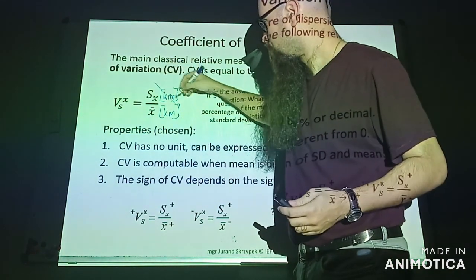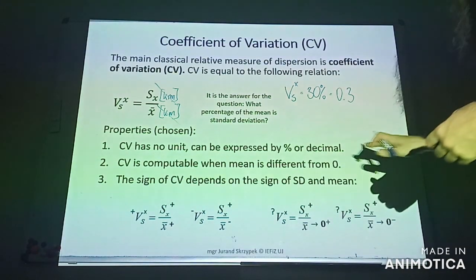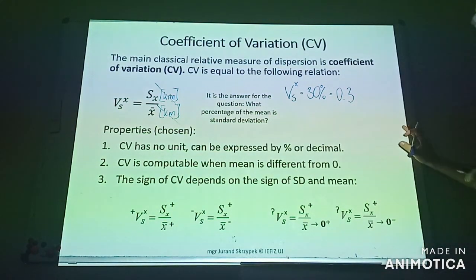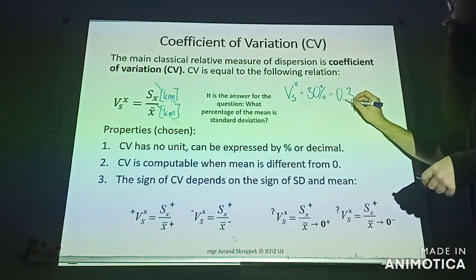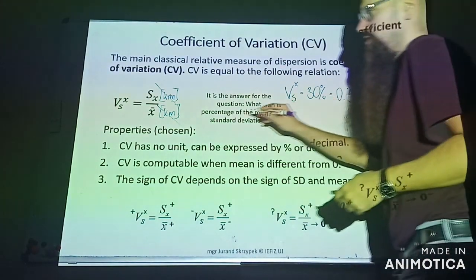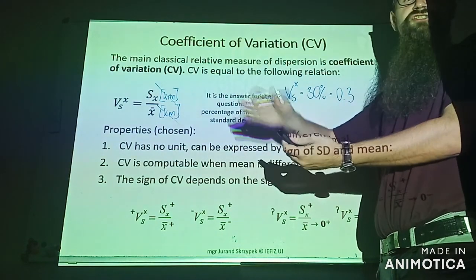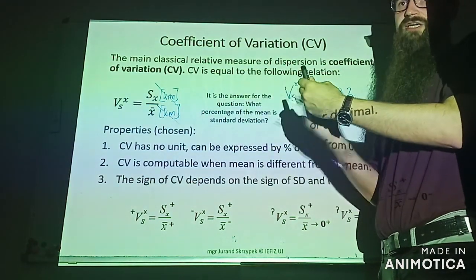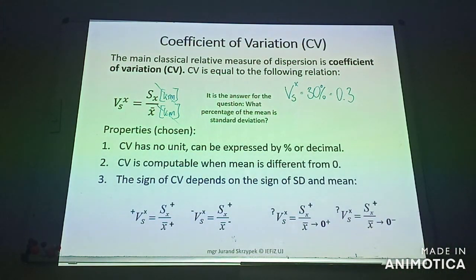Yeah. So we can remove the unit from this measure, so the coefficient of variation has no unit. How to interpret that value? It means that the standard deviation represents 30% of the arithmetic mean. Yeah? The average deviations around the mean represent about 30% of the mean.